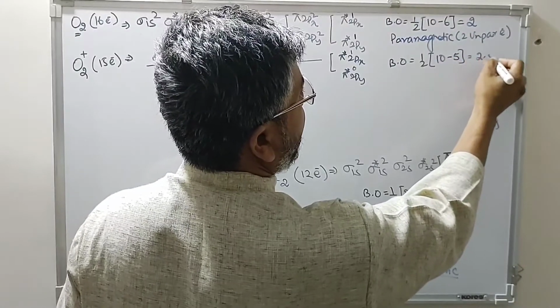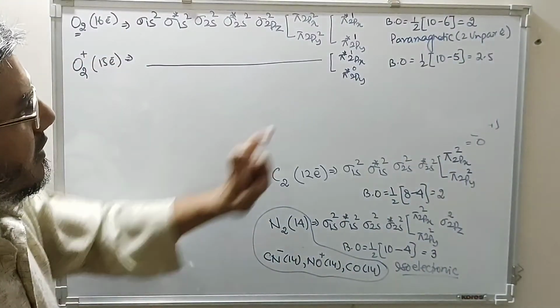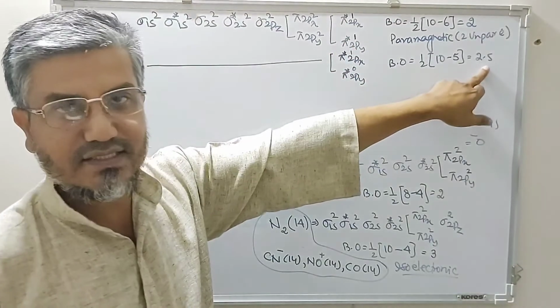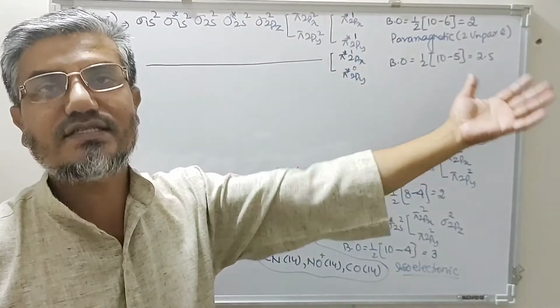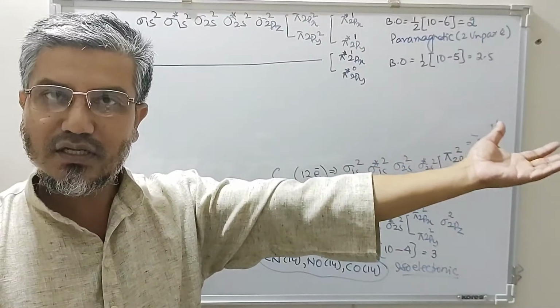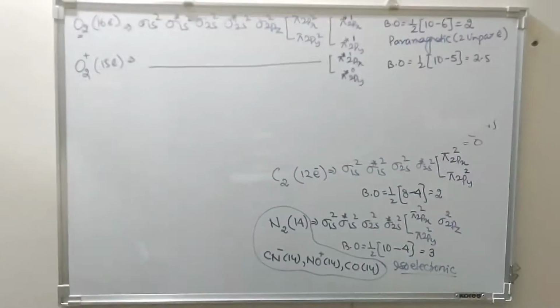So this is 2.5. Now look at this: removing an electron from anti-bonding, bond order increases. As the bond order increases, stability will increase because the bond becomes stronger.